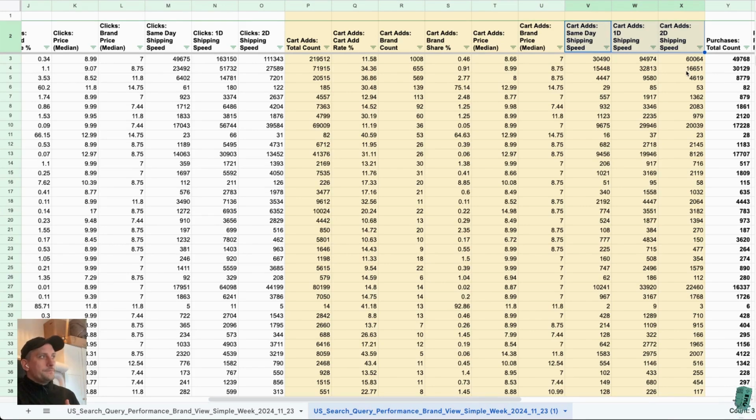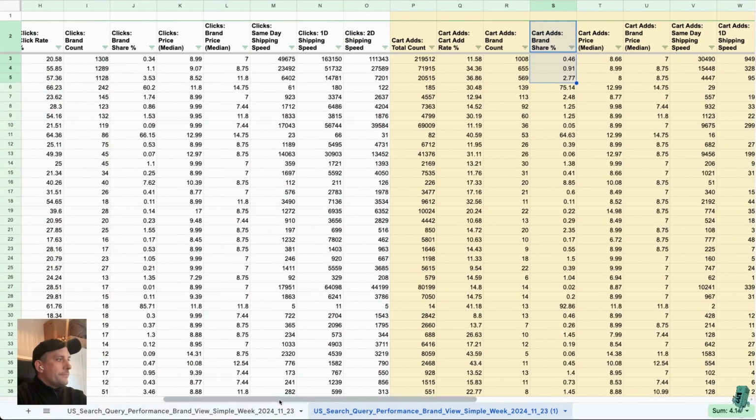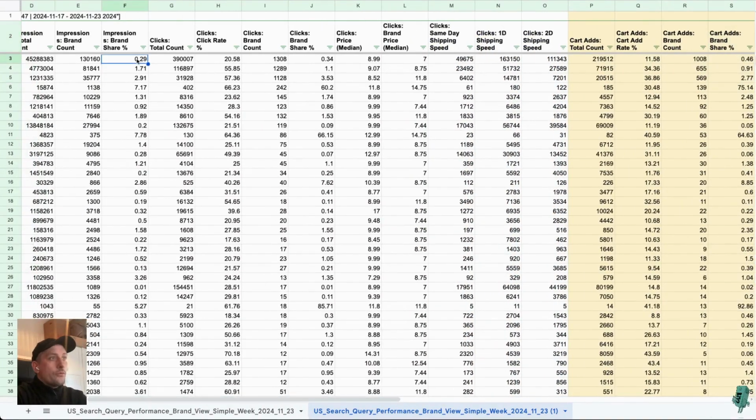One quick note on how you can analyze the effectiveness of your own funnel is when looking into the shares. If my impression share is 0.3%, but my click share is 0.34 and my add to cart share is already 0.5, that indicates my product is on the journey for the customer more relevant than others.